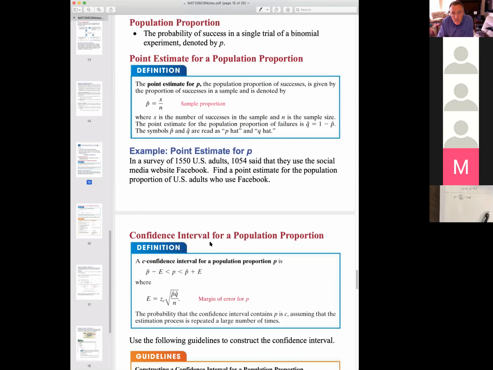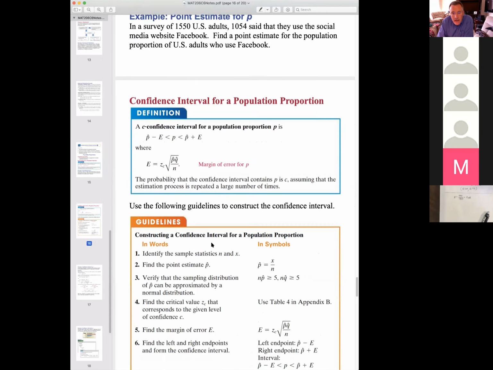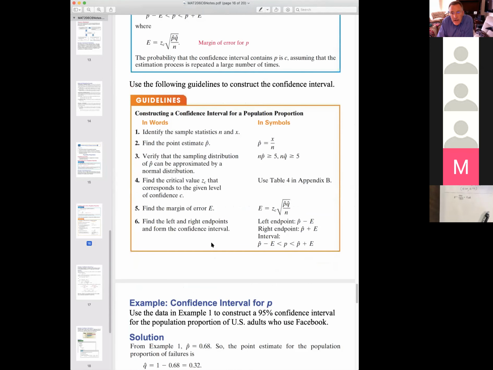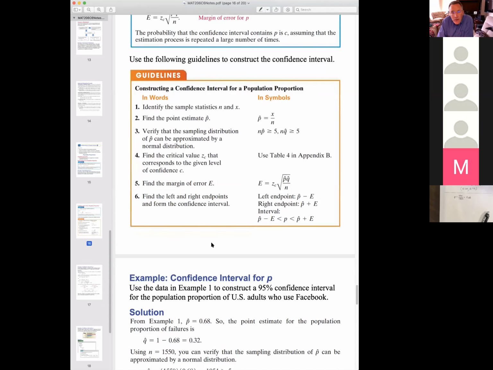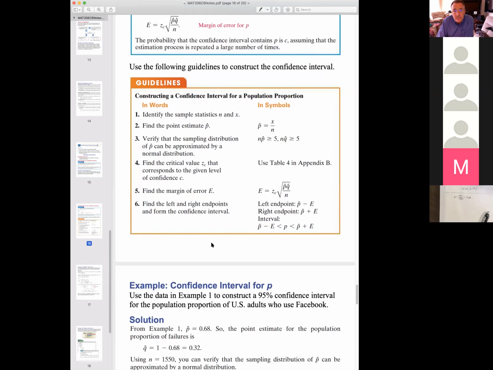Okay, so to do that, here's a nice little set of guidelines that you can use when you're working on your homework problems. You're going to identify the sample statistics. You're going to make a point estimate like we just did. You want to verify that it's okay to use the normal distribution to estimate the confidence interval.